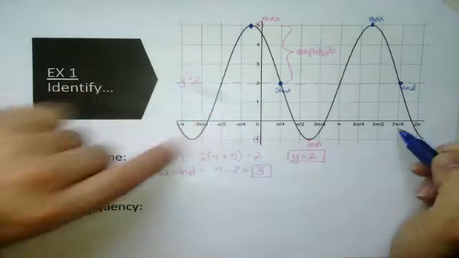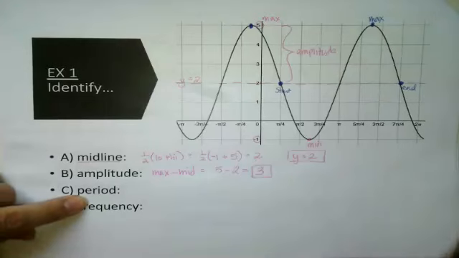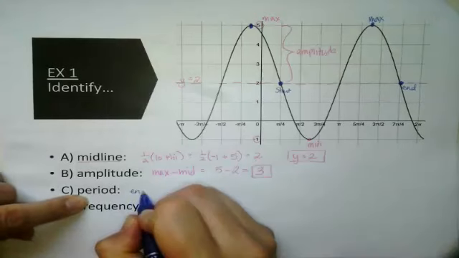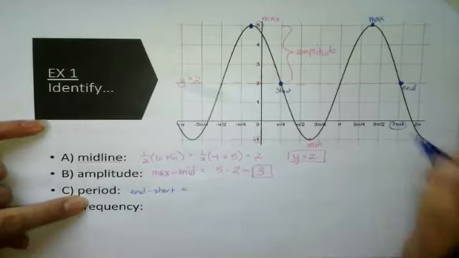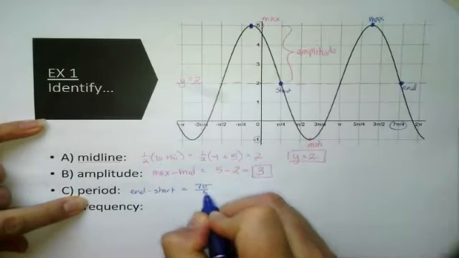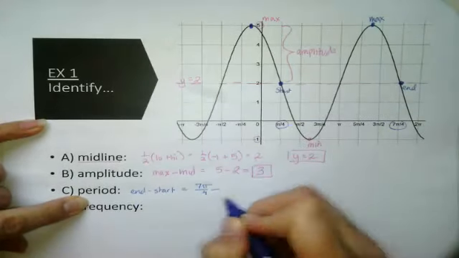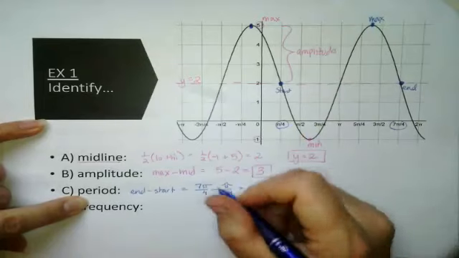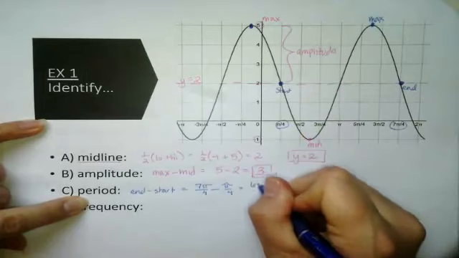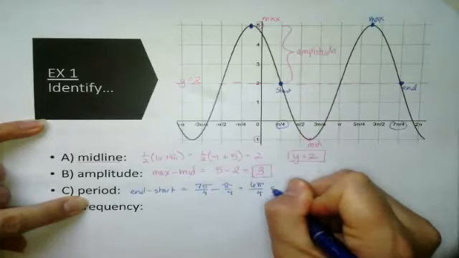And if I want to find the distance between them, all I need to do is subtract the ending minus the starting. And in this case, we're ending at 7 pi over 4 minus the starting value of pi over 4. Of course, common denominators would be great. 7 pi's minus 1 pi is 6 pi's over 4. And absolutely reduce. I can divide by 2. So 3 pi over 2 is the period.